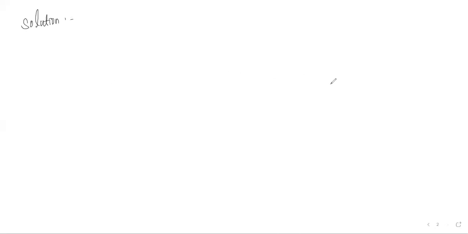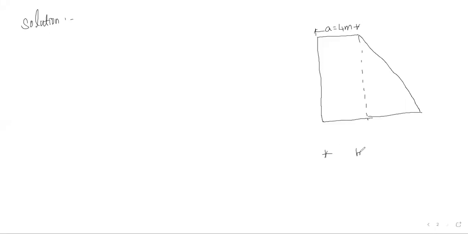So first of all, I will draw the diagram for ease of understanding. The a value is equal to 4 meters and the b value is equal to 8 meters.